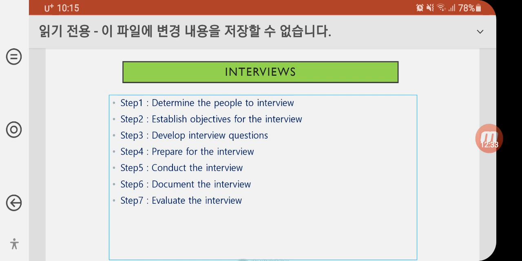Second step, establish objectives for the interview. The third step, develop interview questions. Fourth step, prepare for the interview. Fifth step, conduct the interview. Sixth step, document the interview. Seventh step, evaluate the interview.